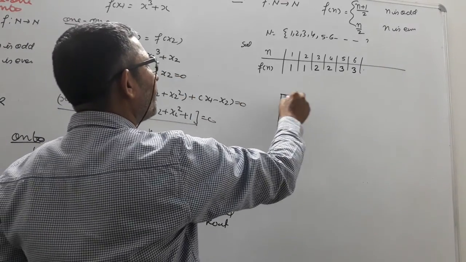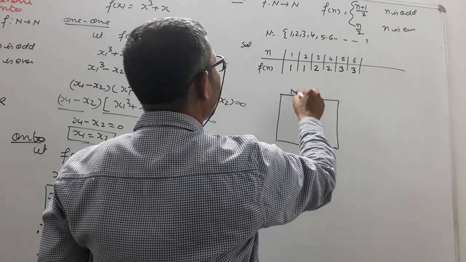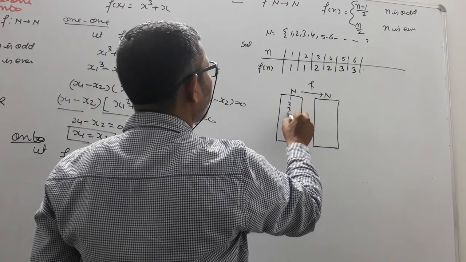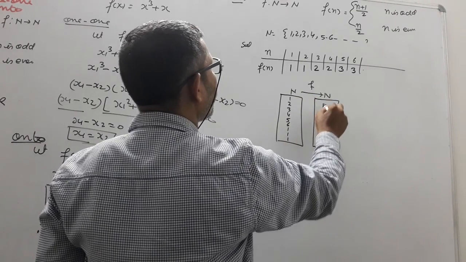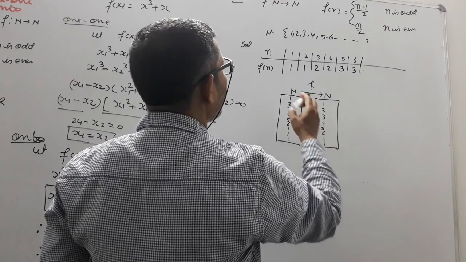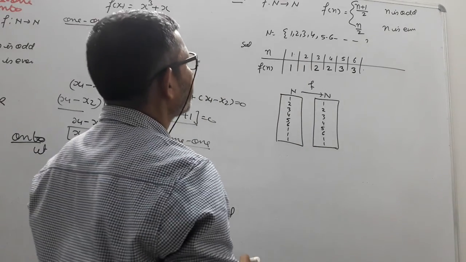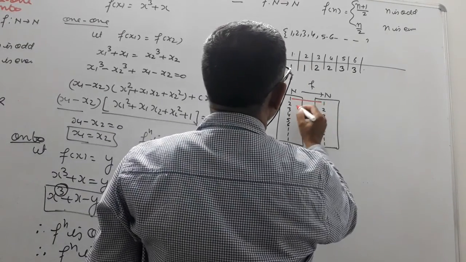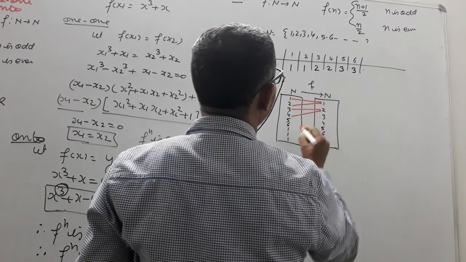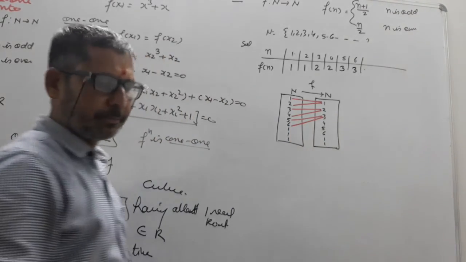So in this function from N to N, 1 is mapped with 1, 2 is mapped with 1, 3 is mapped with 2, 4 is mapped with 2, 5 is mapped with 3, 6 is mapped with 3.